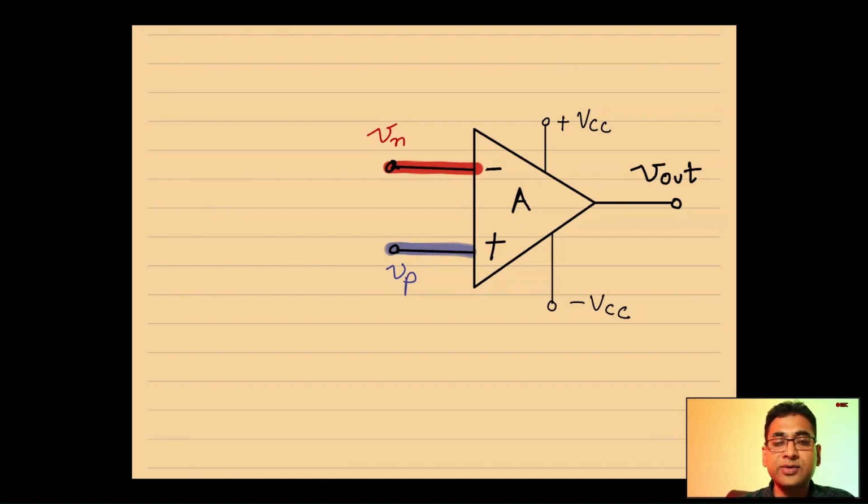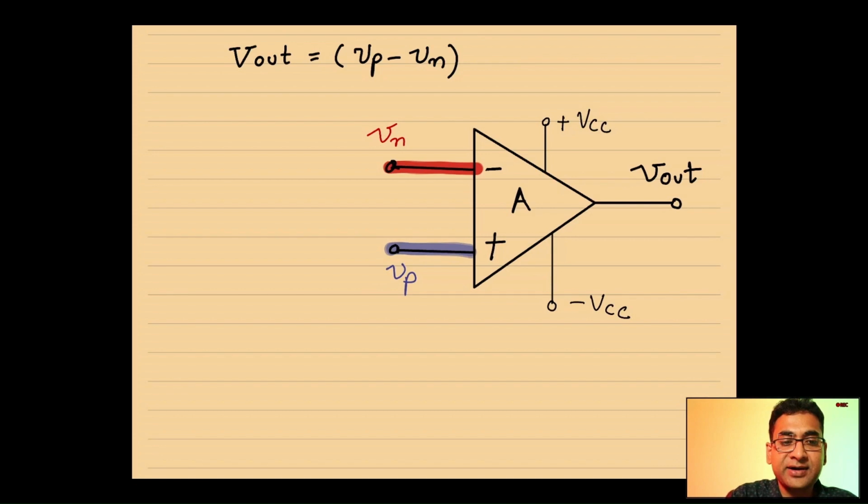What we are going to do is to pick some numbers, okay? Remember, V output is A times VP minus VN, right? So let's see what happens when we plug in some numbers.